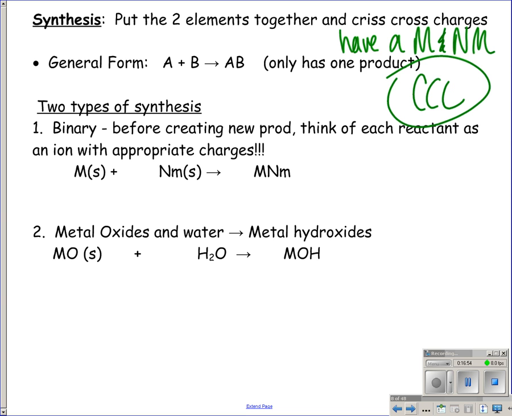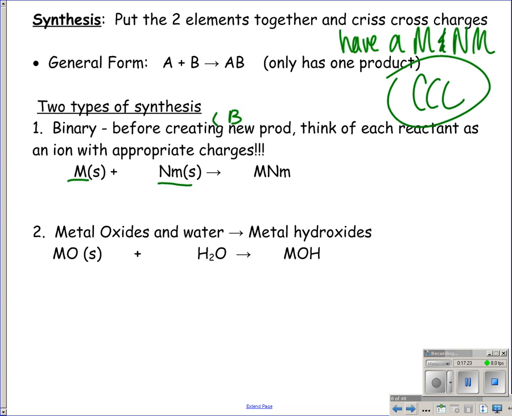So we're using nomenclature stuff again, as promised. And the two main types here: the general formula is when you're pulling A and B together to make AB.